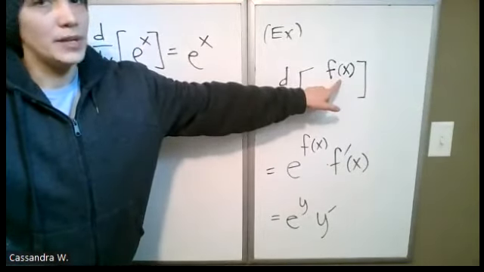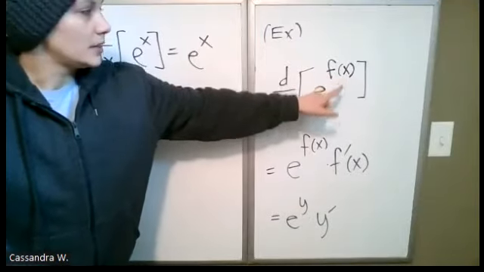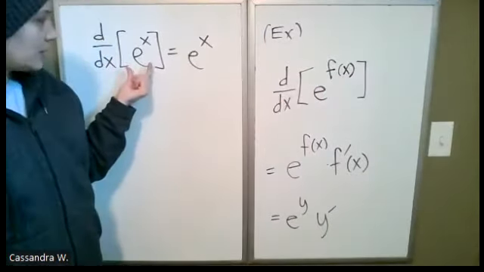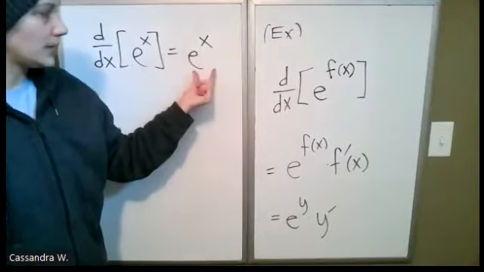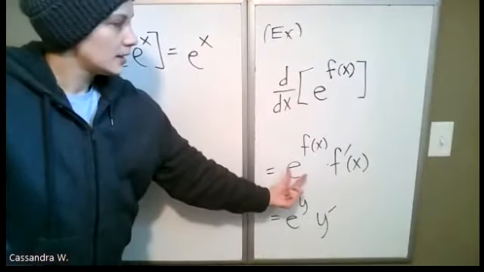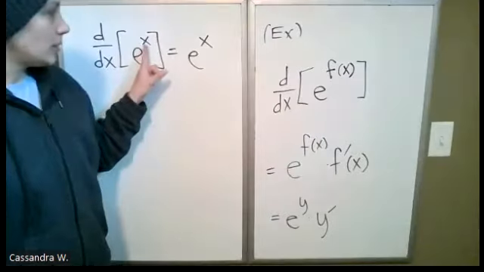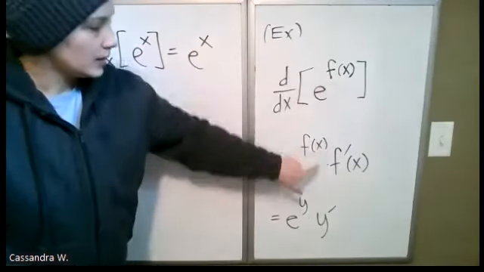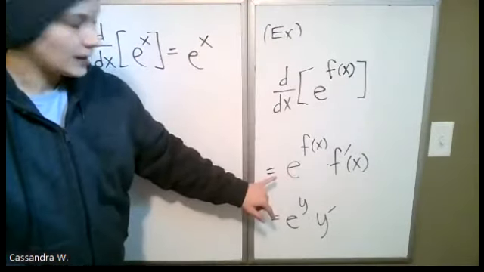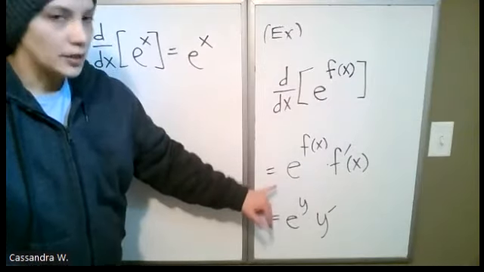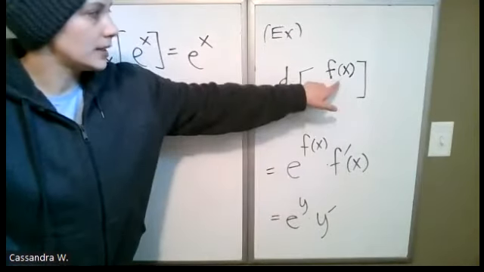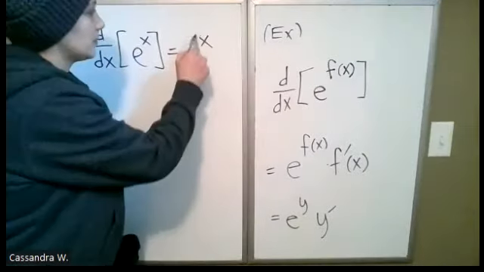Like maybe it's a polynomial or something. So you take the derivative of the outer function, which is copy it down just as it is, with its input copied here. And then use the chain rule, multiply by the derivative of the inner function.